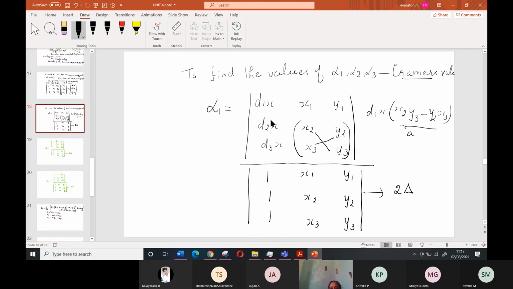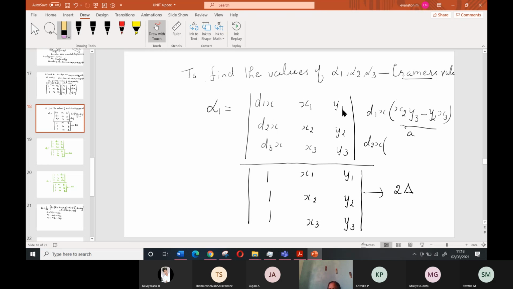Now you can tell me the value of d2x. When you are taking d2x, what should I do? I think you remember or not. If you are remembering, I'll leave, otherwise I'll explain. When I am taking d2x, I'll put the minus sign. This is plus, minus, plus.